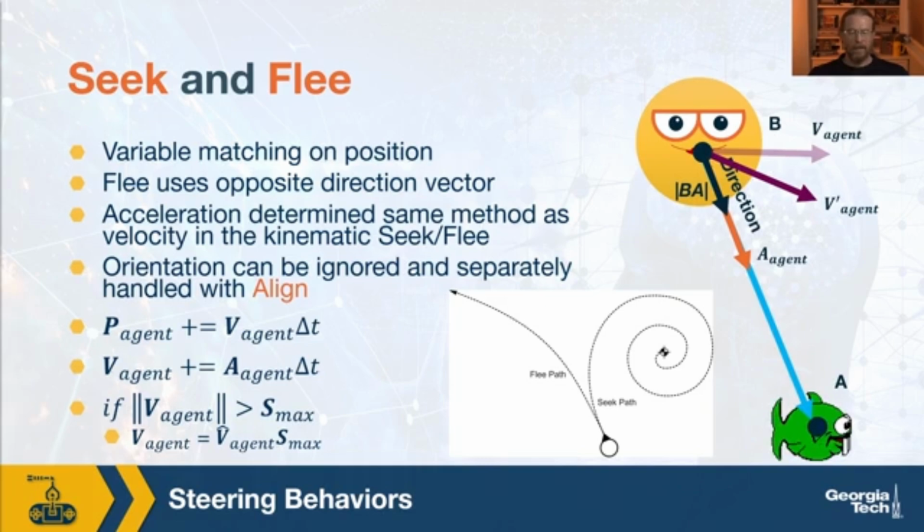Then really the work or the unique part of our steering behavior is how it's applied over multiple frames. And so I've got a few different equations, a little bit of pseudocode here to explain how this works. So first we take the agent's current position. So this would be one of the statics, the metadata that we preserve about the agent.